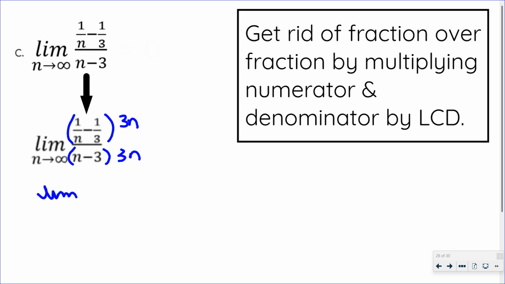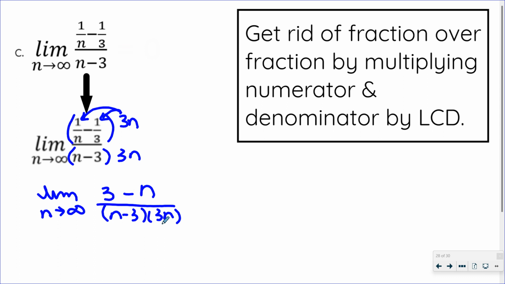So let's distribute that inside the brackets and see what our new limit looks like. So 1 over n times 3n is just 3. 3n times 1 over 3 is just n. All over, I'm going to leave that factored. So now I notice that in the numerator and denominator, I have the same but opposite factor.